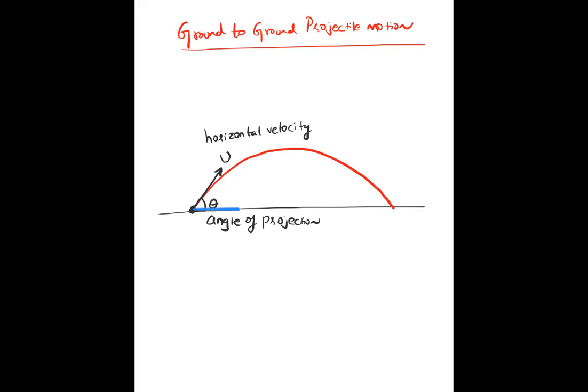It has a horizontal component, that is u cos theta. This is the horizontal component of initial velocity. And then you have a vertical component, because it is in the second quadrant, as you can see. So the vertical component is u sine theta. This is the vertical component of initial velocity.